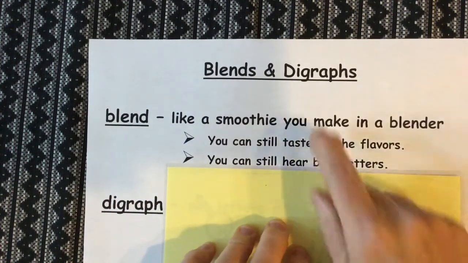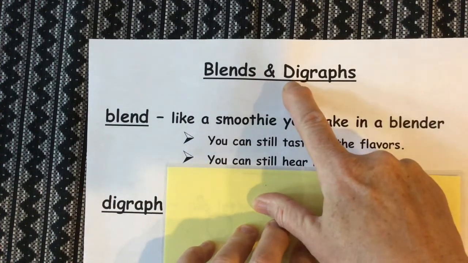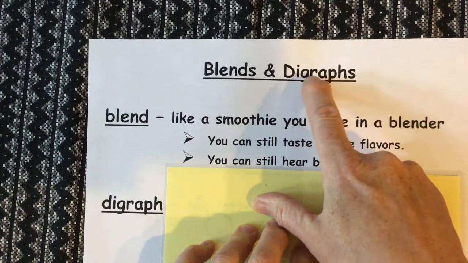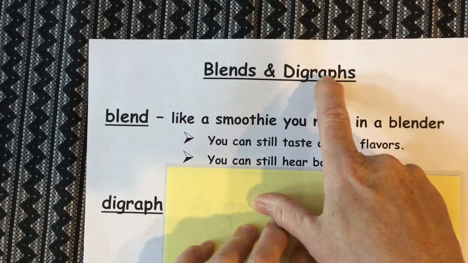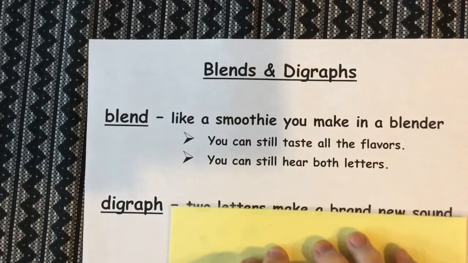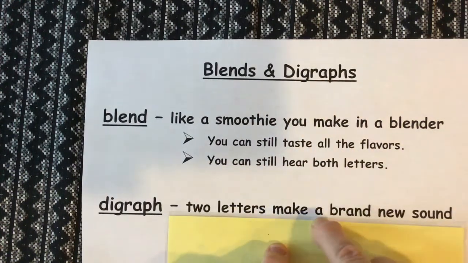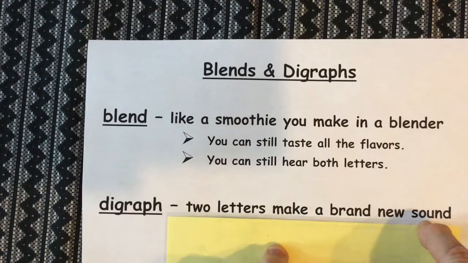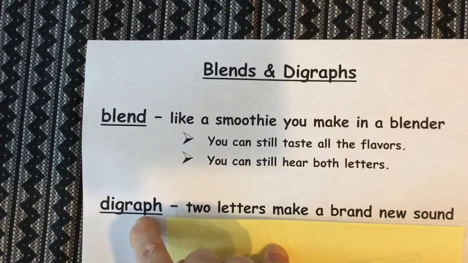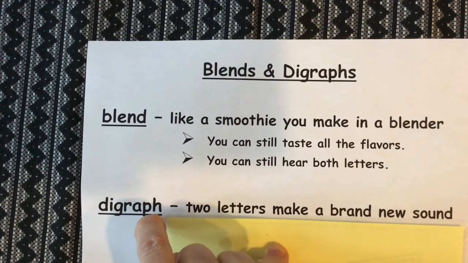Then a digraph, wow, that's a tricky word, huh? Di means two. Remember I talked about the ancient Greek language, and we have some words from Greek in our language. Digraph, graph means like letters, writing. So digraph is like two letters, but the two letters make a brand new sound. Okay, and interestingly, look, there's a digraph in the word digraph. PH is kind of a tricky digraph.